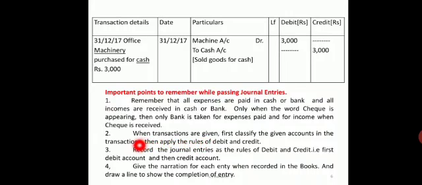Next, record the journal entries as per the debit and credit. That is first debit, then credit, and then lastly you have to give the narration for each and every transaction when it is recorded and draw the line.